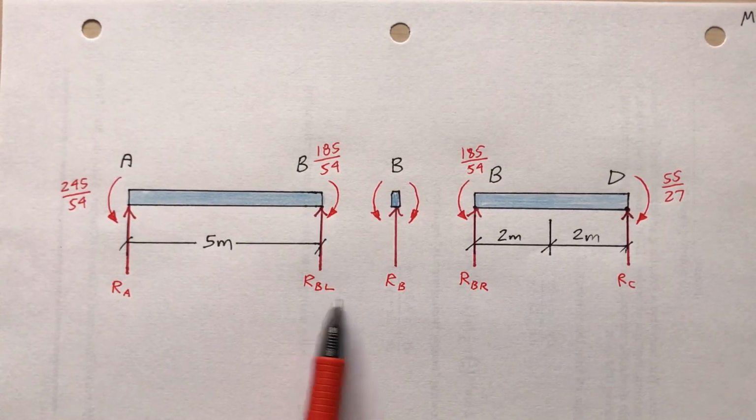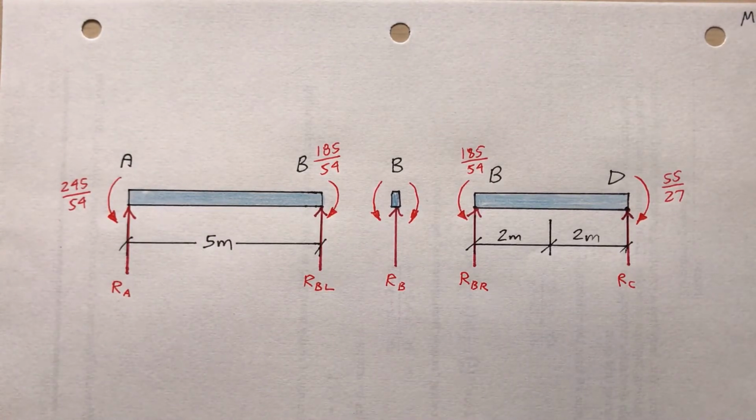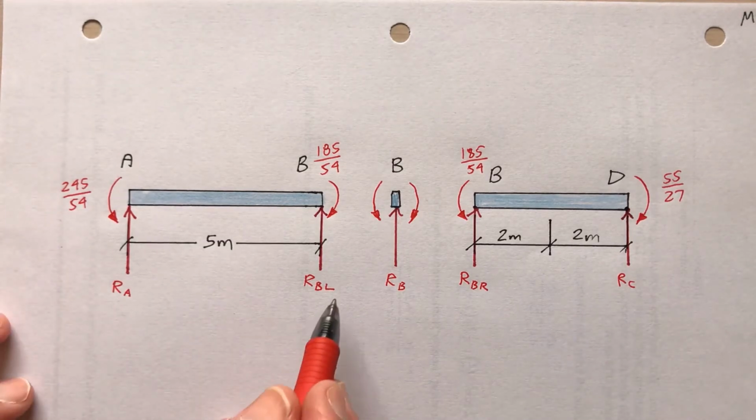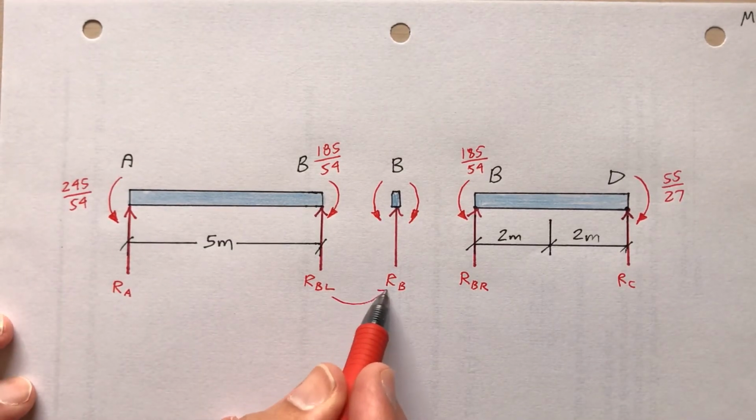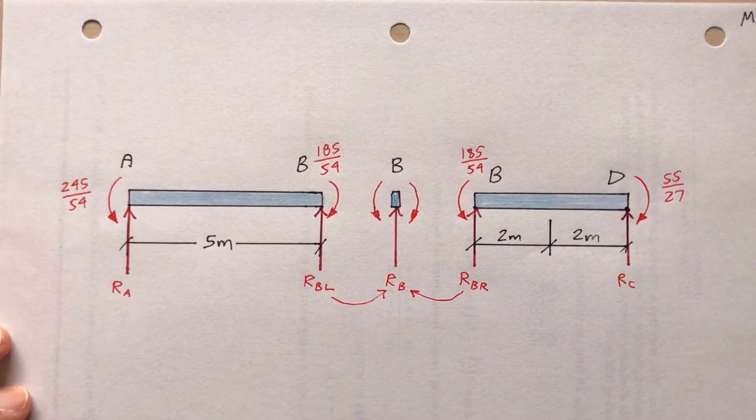Subscript L means from the left. Part of it is from the right, so R sub BR, the subscript R means from the right. So if I find R sub BL and R sub BR and add those together, then I'll get R sub B.